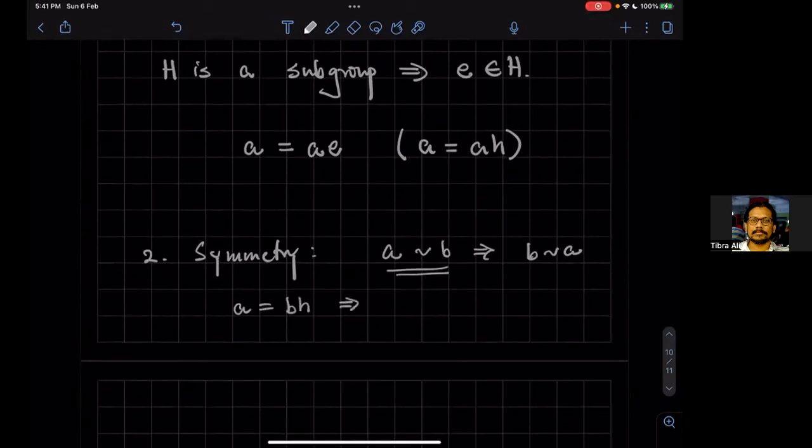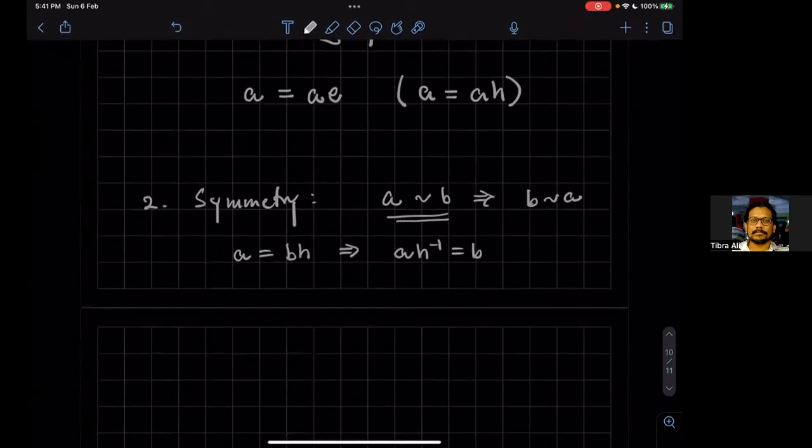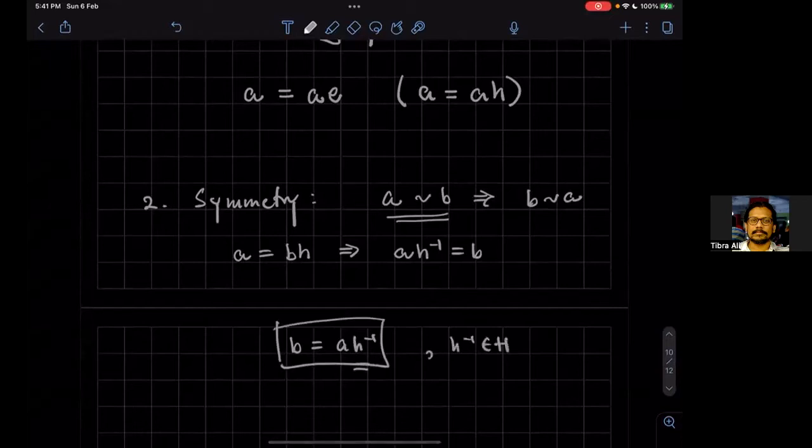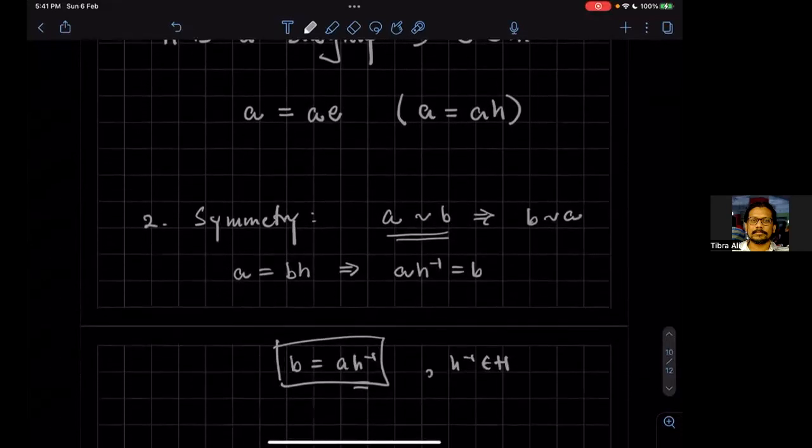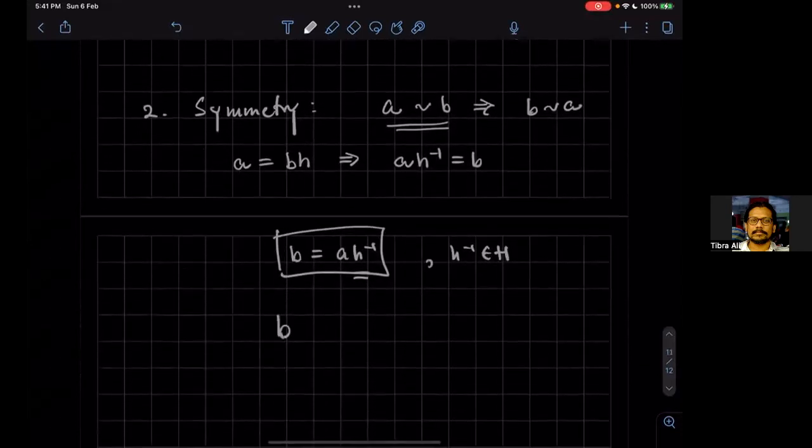But then we can write BH inverse equal to B, or B is equal to AH inverse. But H inverse is an element of H. So this has the same structure as this equation, right? So that means that B is equivalent to A. Okay, so symmetry is proved.